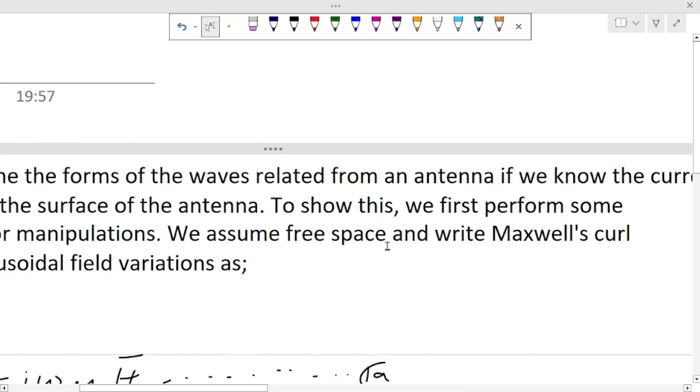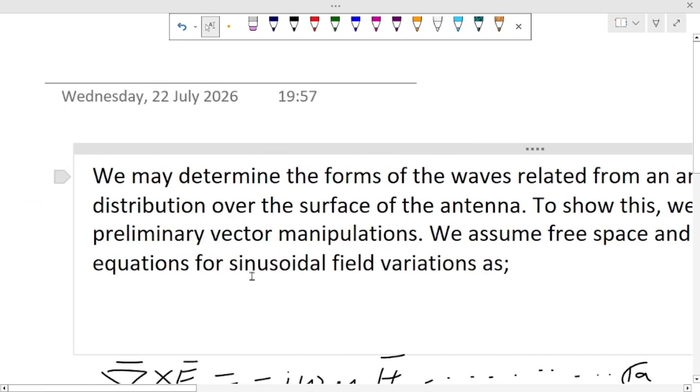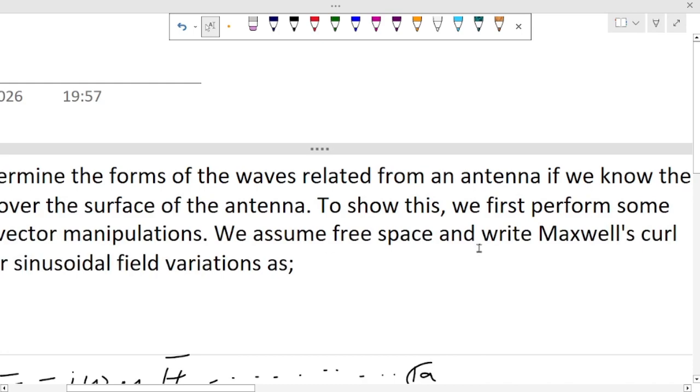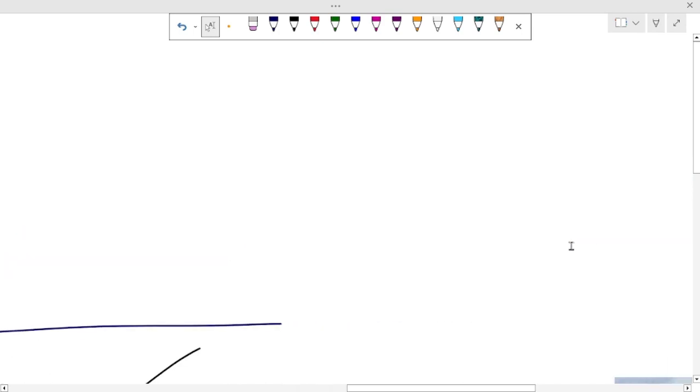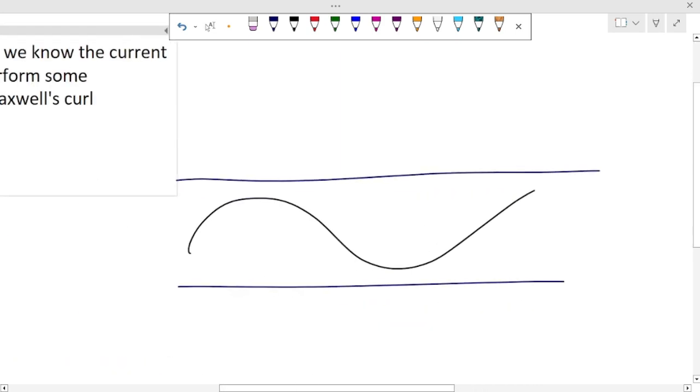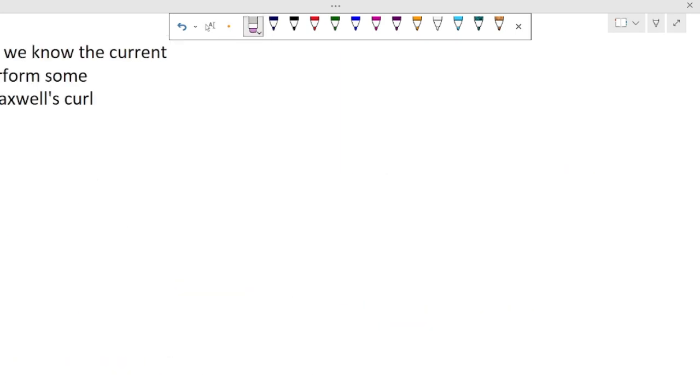And then what do we do? We write Maxwell's curl equations for the sinusoidal field. Let's take it gradually. Remember, Maxwell has how many equations? Four.